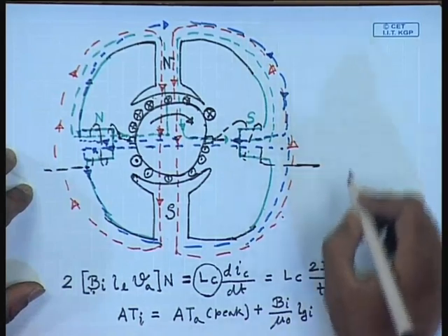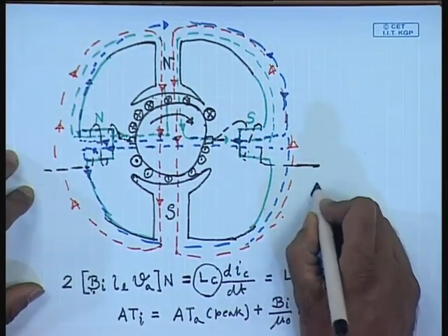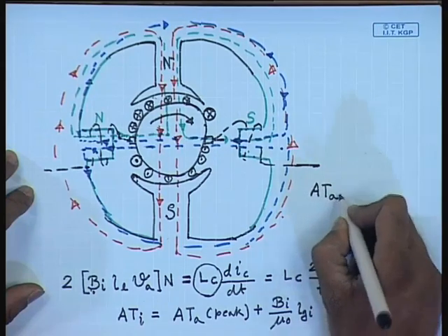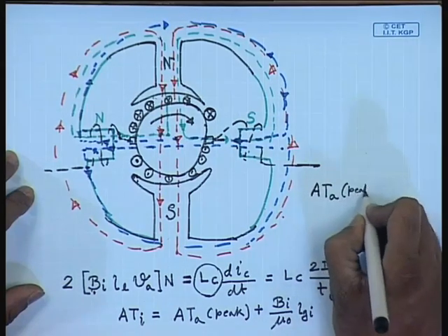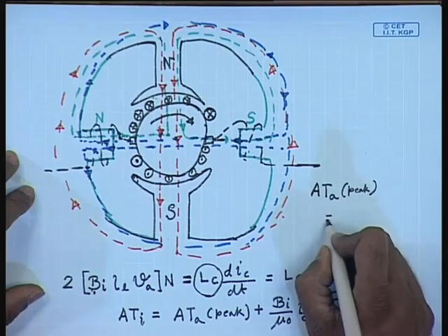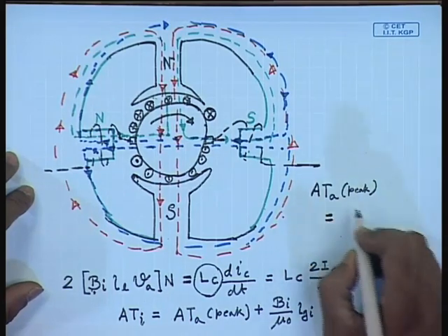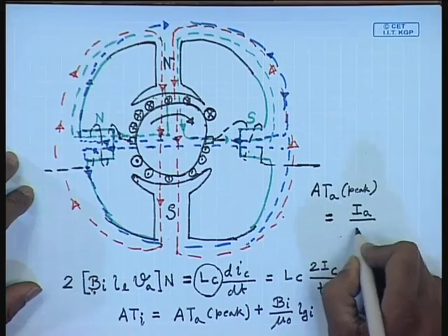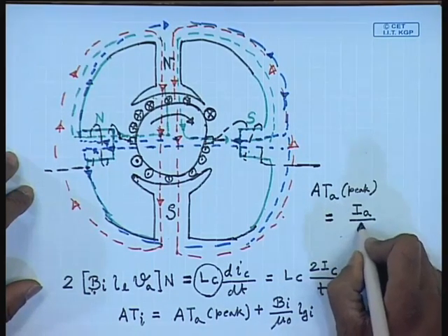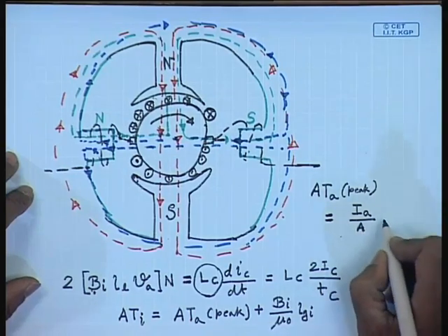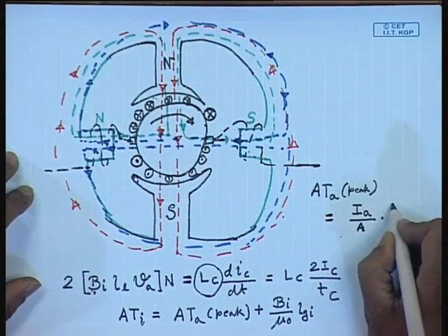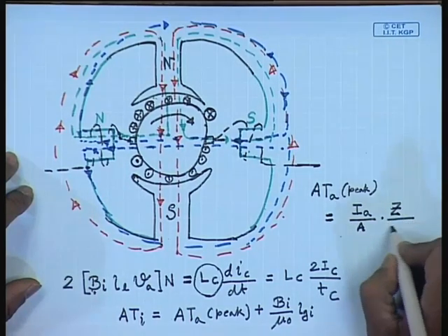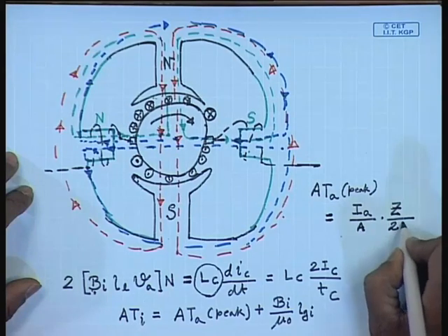Now, peak ampere turn we know per pole is given by: if the armature current is IA, then the current in each parallel path is IA by A. If there are Z number of conductors, then turns per pole is Z by 2P.